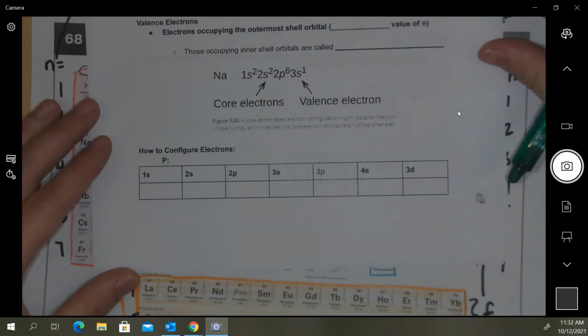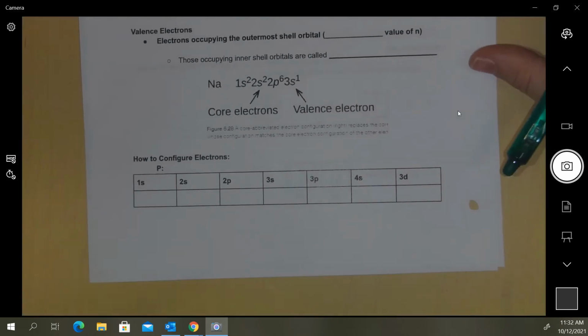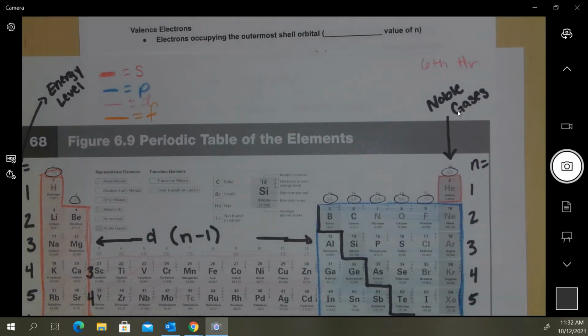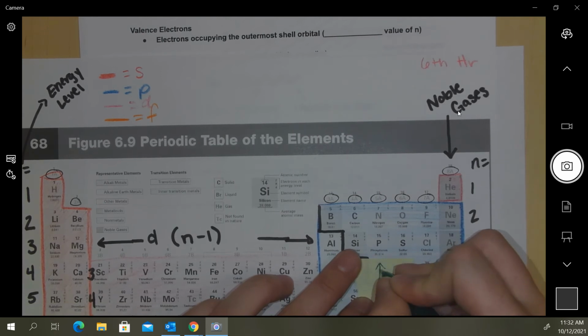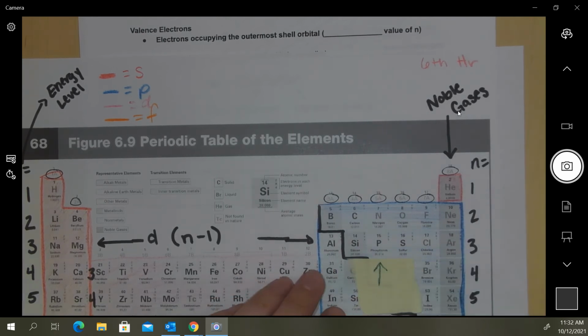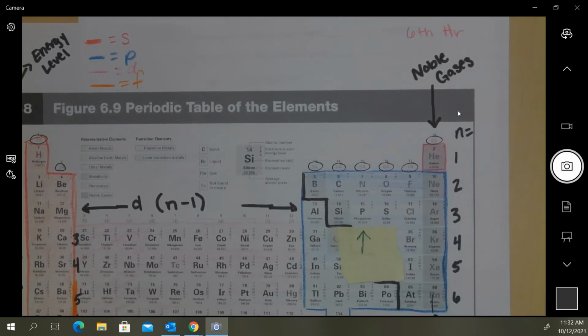All right, first we're going to find phosphorus on our periodic table. All right, phosphorus is right here. Okay. P, phosphorus.